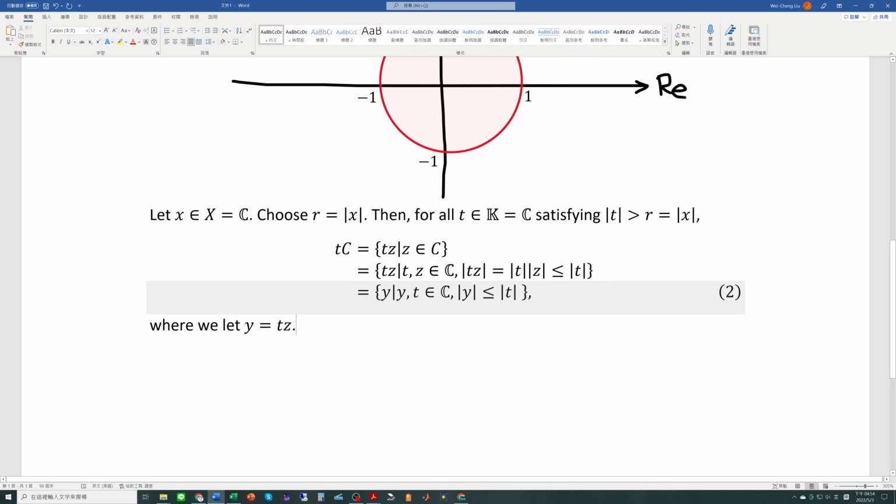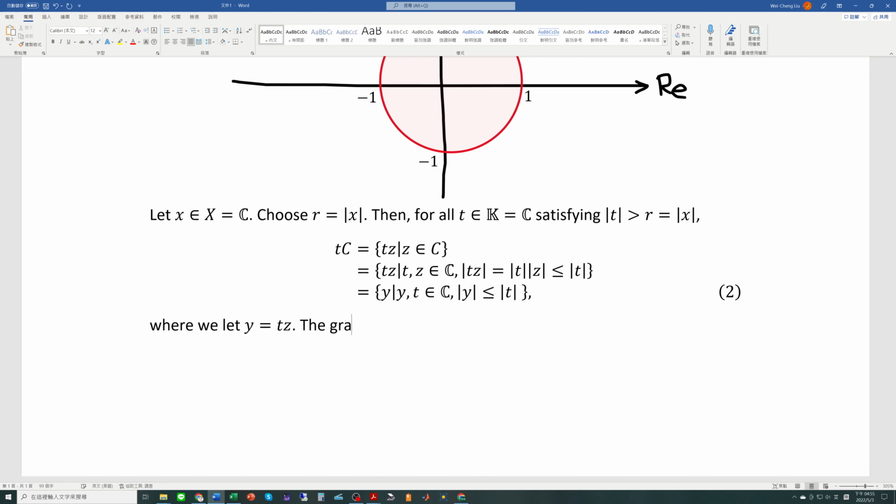You can see that tz becomes y, so we do not need a z. We delete z here and replace it by y, and tz is equal to y. The absolute value of y is smaller than or equal to the absolute value of t.